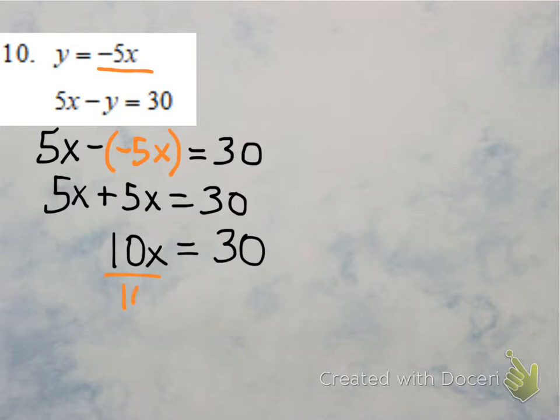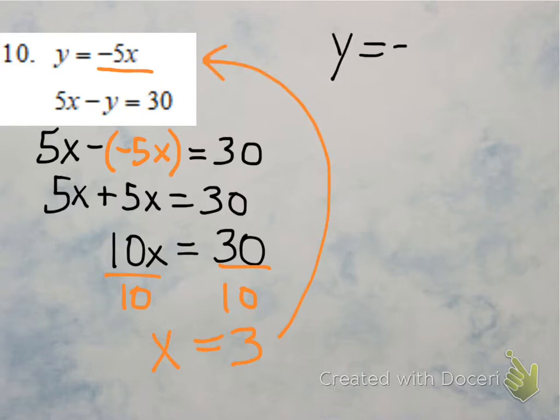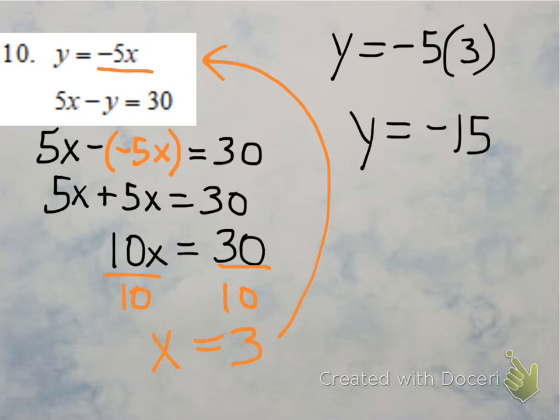Then you can divide both sides by 10. And so x is 3. Then we'll take this and plug it back into that top equation. Y equals negative 5 times x, which is 3. Multiply, you get negative 15.